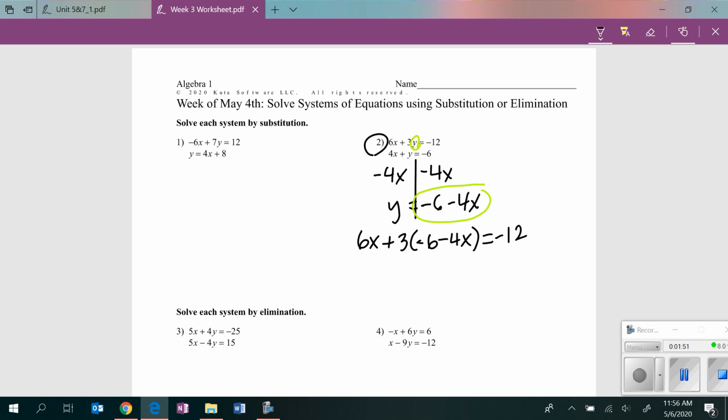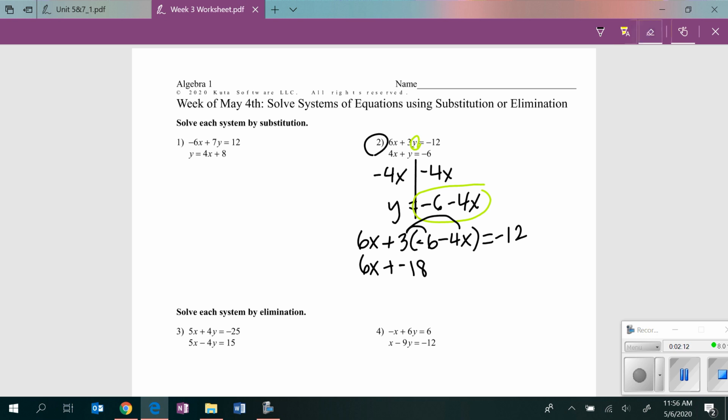Okay, parentheses just so that you remember that you have to distribute whatever coefficient is attached to your variable into the whole equation. So now I have 6x plus a -18.